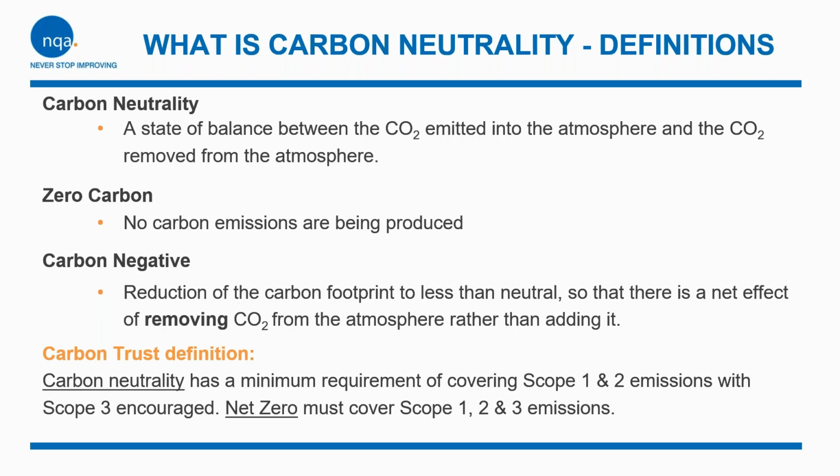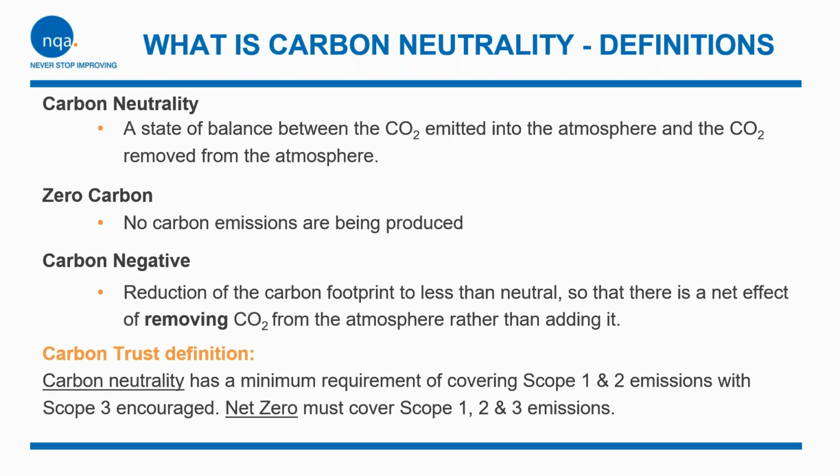So reduction of the carbon footprint to less than neutral. So in other words, more carbon is being pulled out of the atmosphere than is actually being emitted by the organisation. So if you think back to the seesaw analogy, the removal side is sort of down, and the production of carbon is higher. So it's all about pulling out more carbon than is actually being produced.